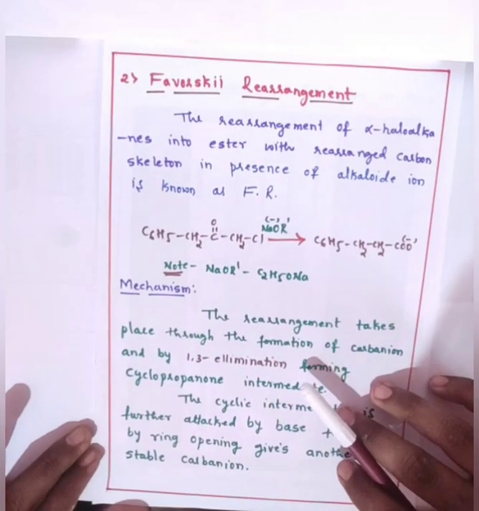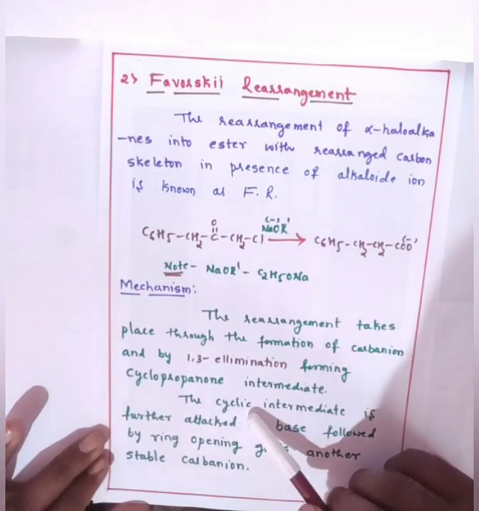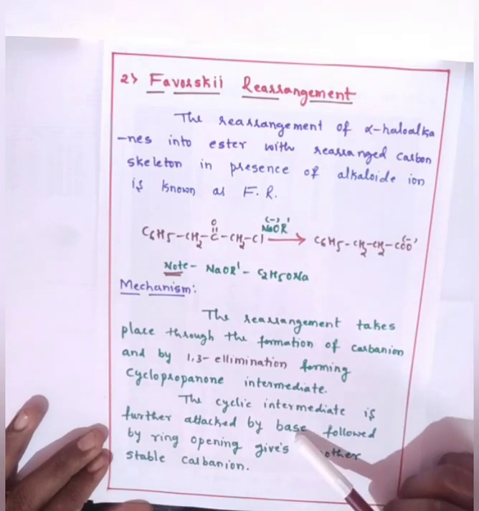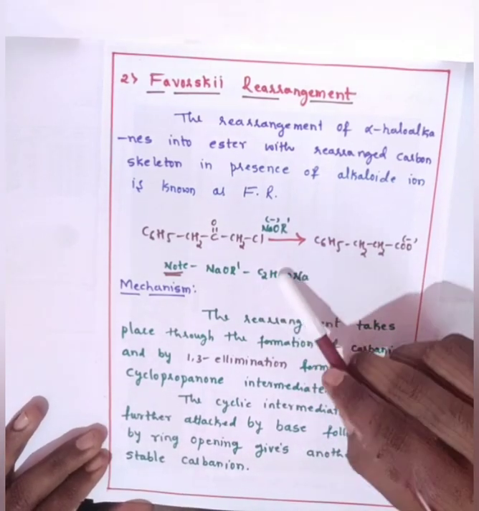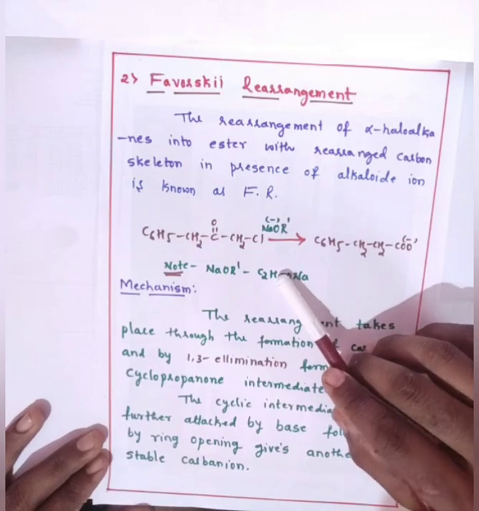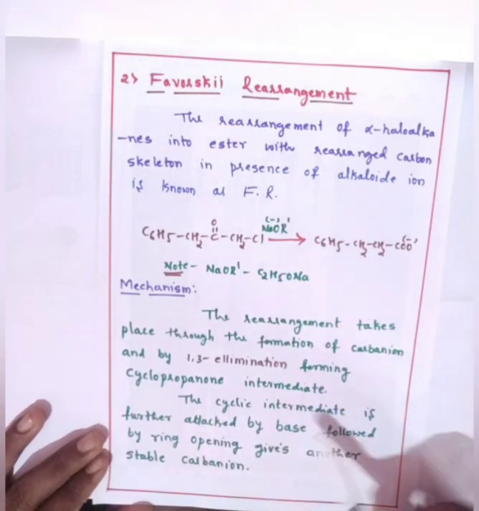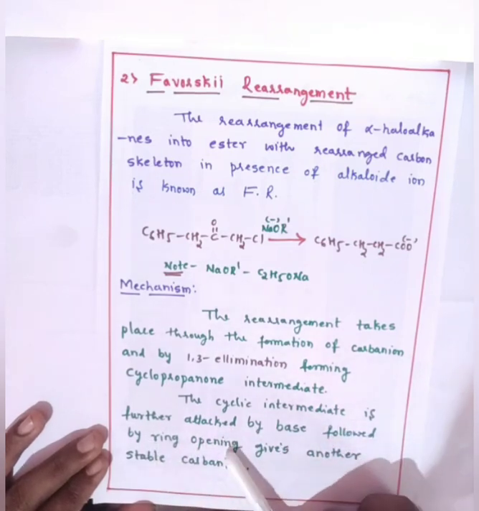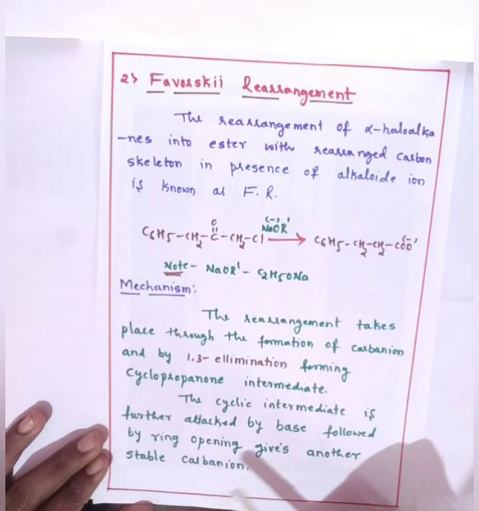The cyclic intermediate is further attacked by the base, that is the ethoxide ion, followed by ring opening, which gives another stable carbanion.